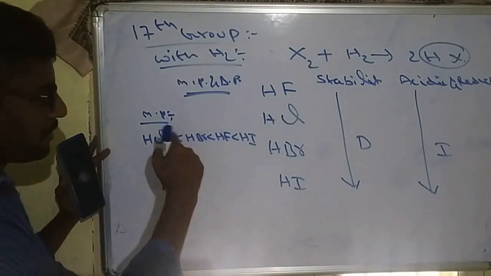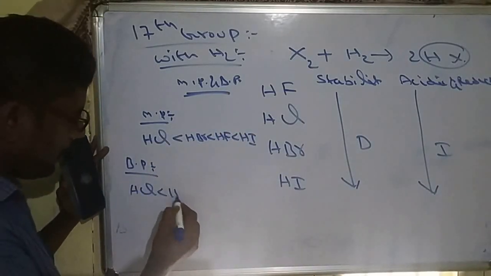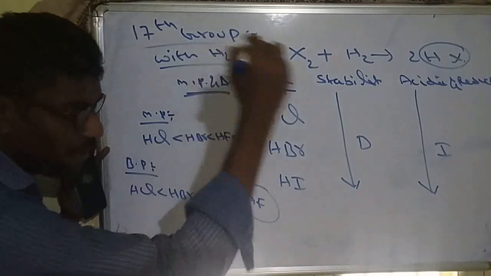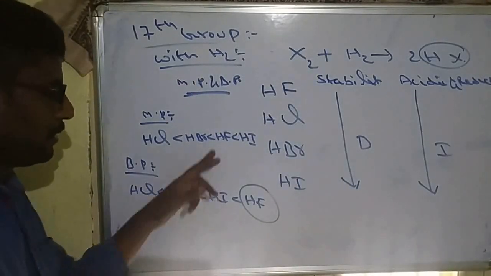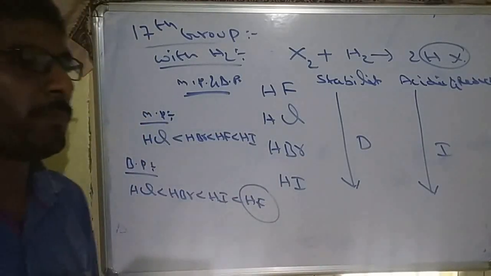HF is the second highest due to hydrogen bond. In boiling point: HCl, HBr, HI and HF. HF is the highest due to hydrogen bond. Here it is second highest in melting point, highest in boiling point. So these orders we have to remember.